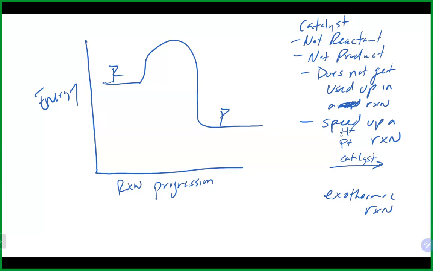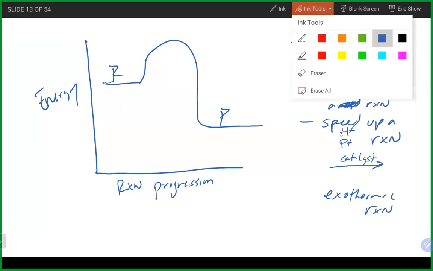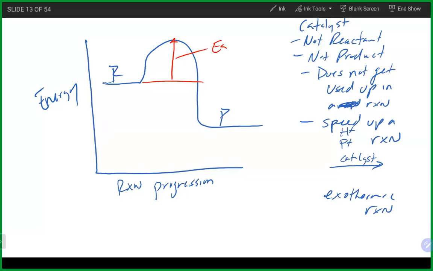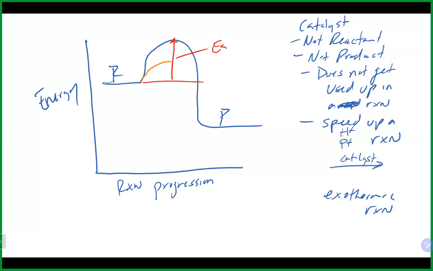Ultimately, in terms of energy, because it finds a more efficient or alternative pathway for the reaction, in this reaction here, that would be my activation energy. When I add a catalyst to this, it would lower the activation energy.